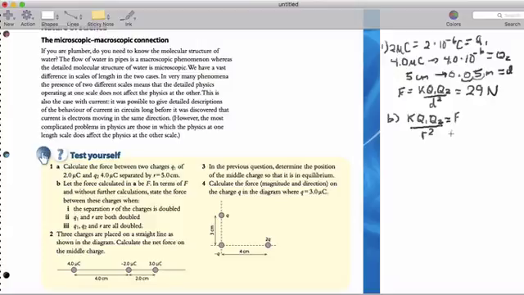Now what we're going to do is let's actually double the separation. So what's going to happen is I'm going to take K, Q1, Q2. Now be really careful. When you double the distance, the whole distance needs to be doubled. So that's going to be 2 times R. And when we actually work this out, that's going to be K, Q1, Q2 over 2 squared is 4 R squared.